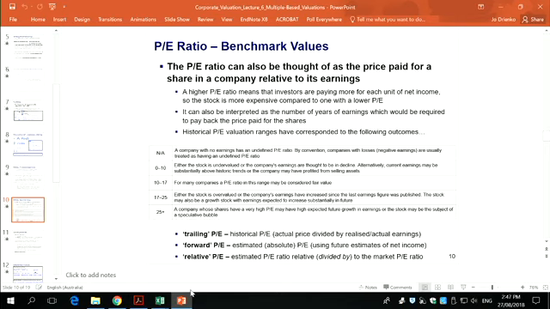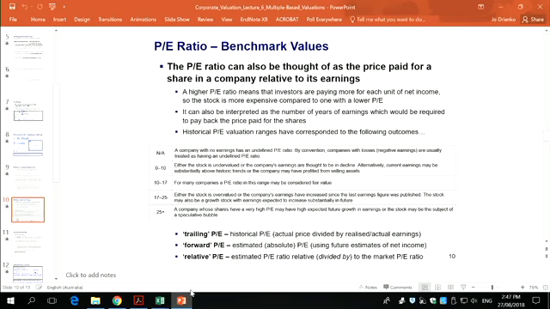So there are essentially three types of PEs. And there are a few others that are not important, like a takeover PE, a transaction PE, historical takeover PE, industry PE. When you hear the word PE, and this is what I want you to do, like I said five minutes ago, it's just the price you pay for earnings. The higher the PE, the more you're paying.